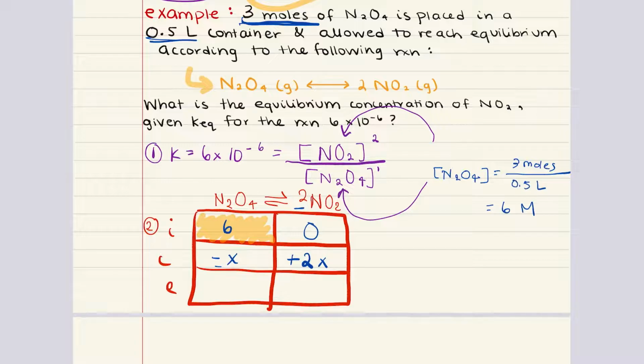Now our equilibrium is just going to be our initial minus or plus the change. So our equilibrium concentration for our reactant is going to be 6 minus X, and for our product is just going to be 2X. Now we can go ahead and plug these values in to our equilibrium constant expression.